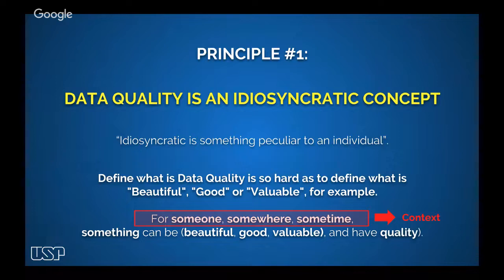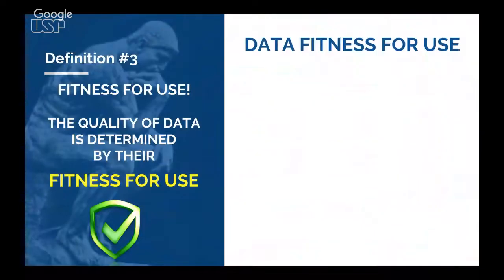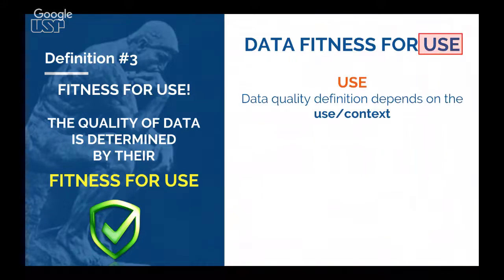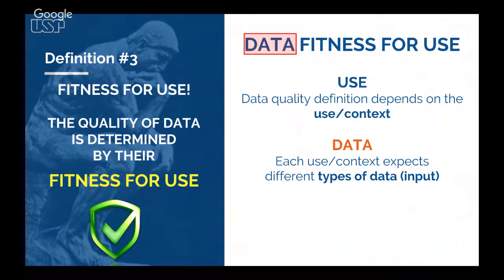So this is the definition of data quality that we're going to use: data fitness for use. To define what data quality means, I must have the use, the context in which the data will be used. In this context, I am going to use some types of data depending on the use.